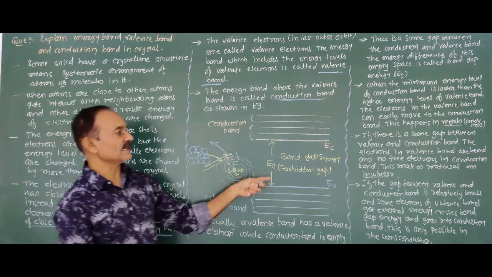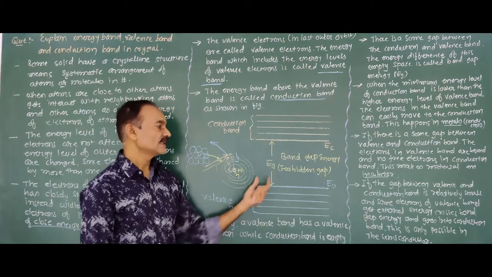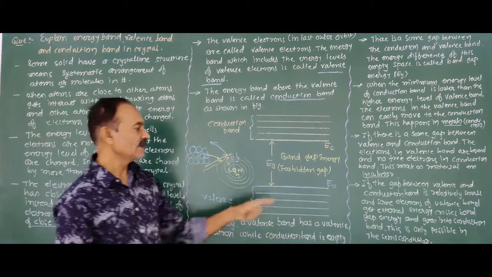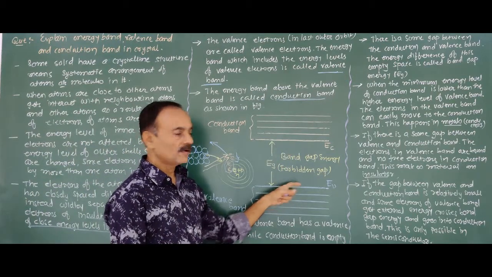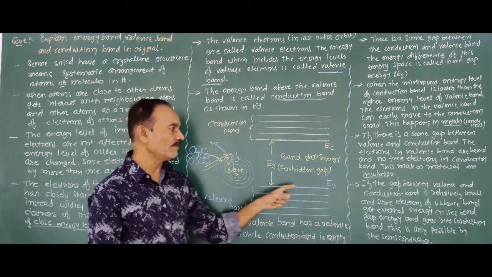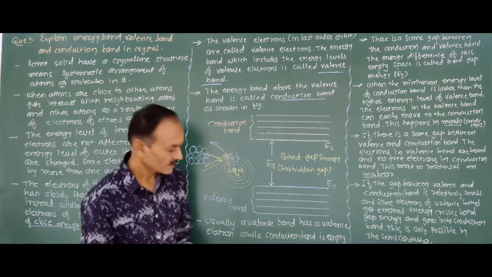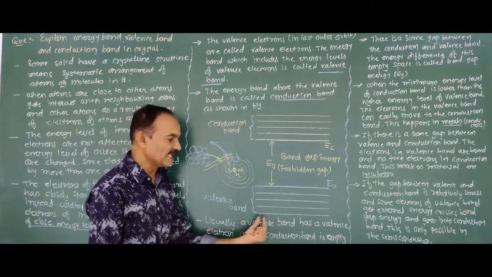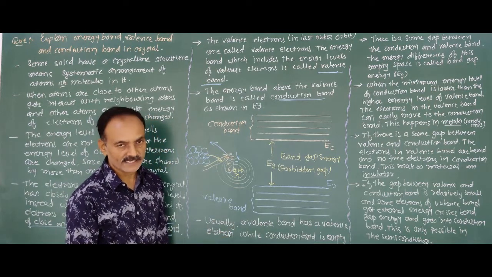There is some gap between these two bands, that is known as the forbidden gap. This forbidden gap shows the difference of energy between the upper energy level of the valence band and the lower energy level of the conduction band. Okay. Generally or usually, a valence band has valence electrons while the conduction band is empty.